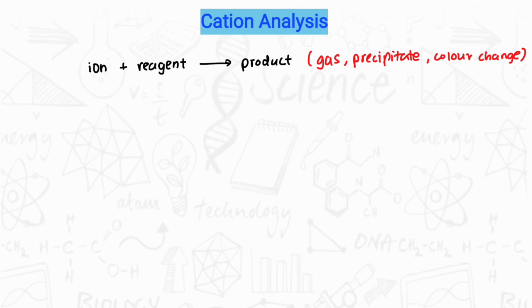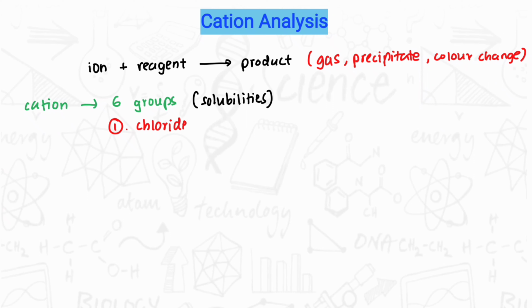In cation analysis, we have a set of cations and they are categorized under 6 groups depending on their solubilities. The first group cations are precipitated as they are chlorides.